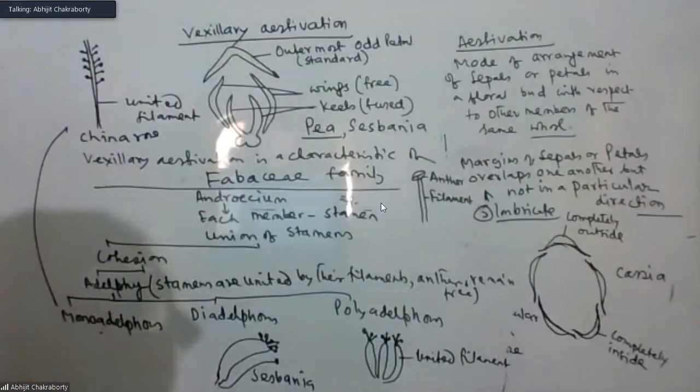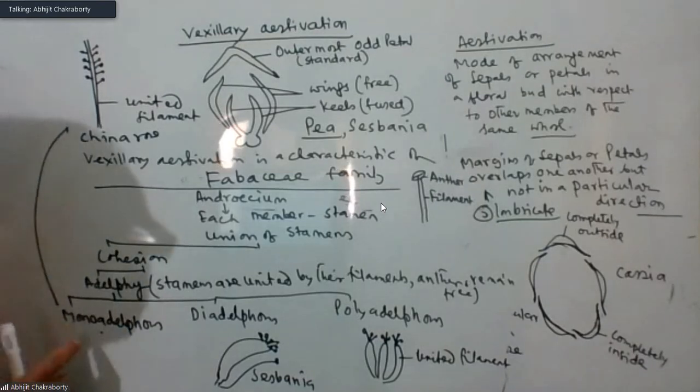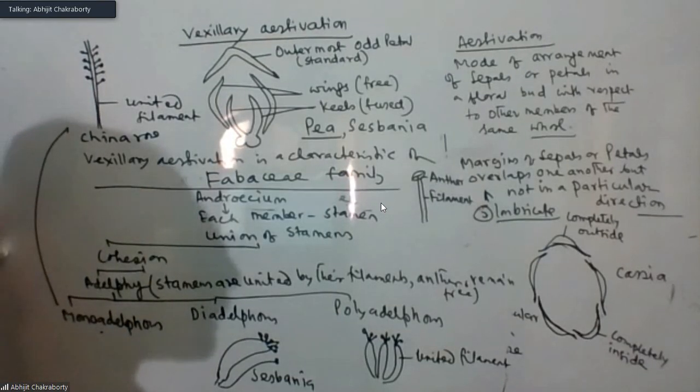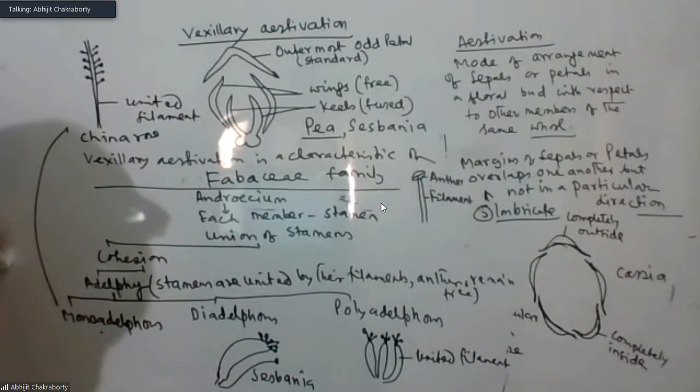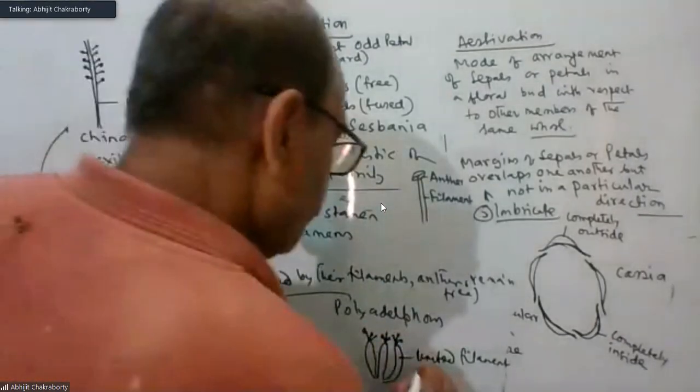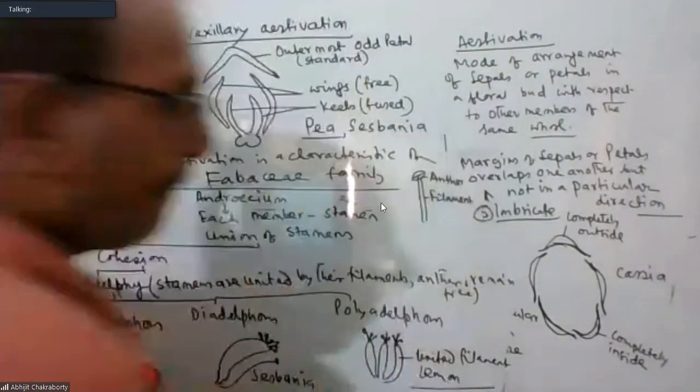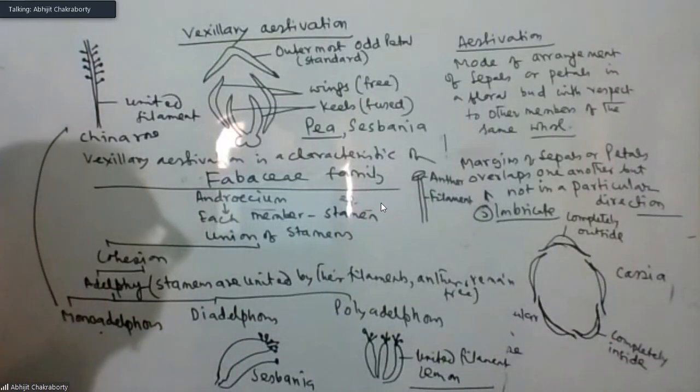So this is called polyadelphous. If the filaments are united to form a single bundle, it is monoadelphous. When filaments are united to form two bundles, diadelphous. When they are united to form more than two bundles, it is called polyadelphous. Monoadelphous you get in China rose, diadelphous in Sesbania, and polyadelphous in lemon. Clear?